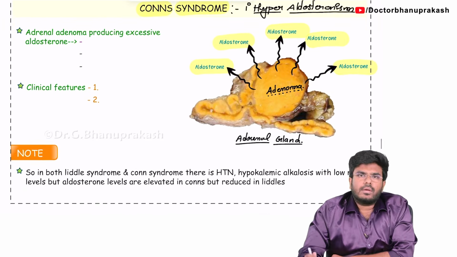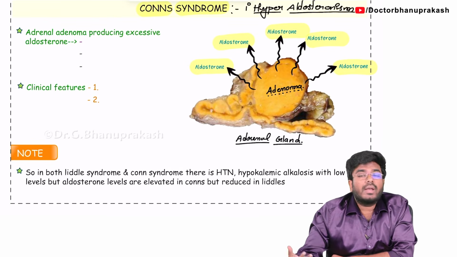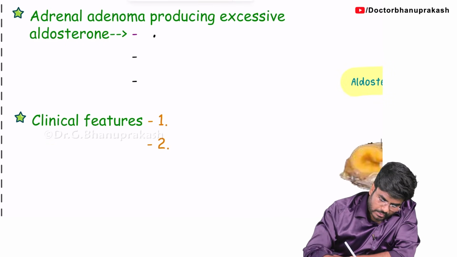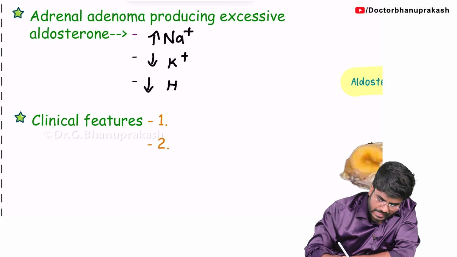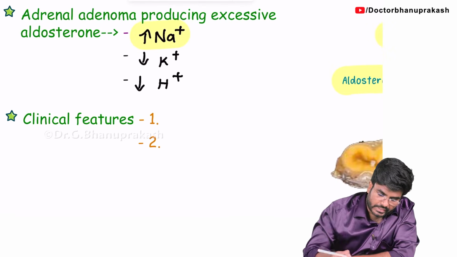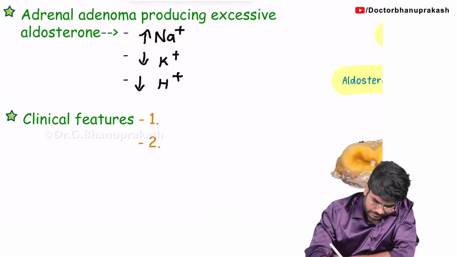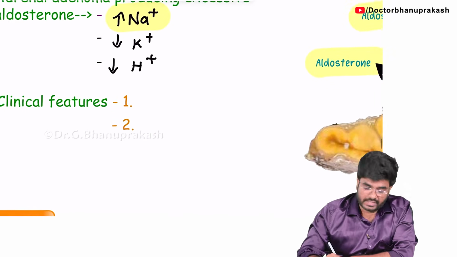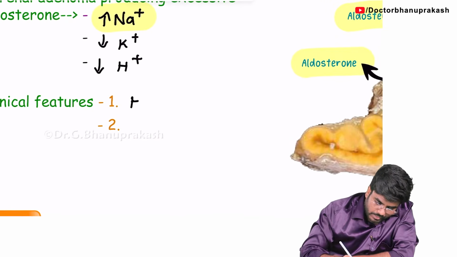Aldosterone is the one which maintains the sodium levels. But whenever there is so much aldosterone, what happens to the sodium levels? The sodium levels increase. What about the potassium levels and acid levels? Potassium level decreases, acid level decreases. Whenever there is more sodium, what happens to the BP?